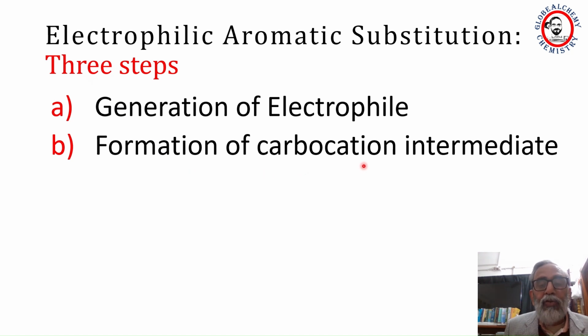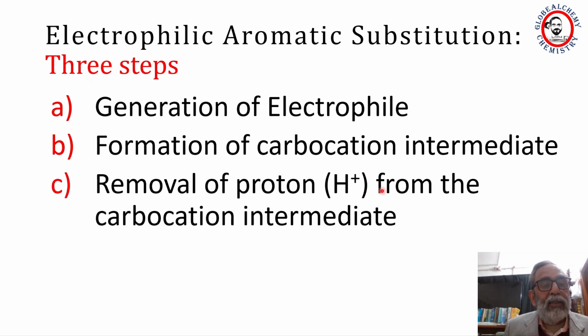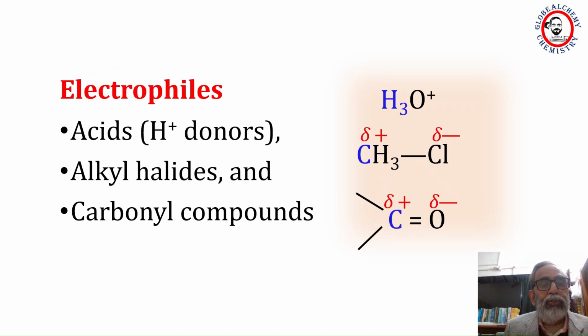The second step is the formation of carbocation intermediate, and the third step is removal of proton from the carbocation intermediate. So these are the 3 steps in the electrophilic aromatic substitution.